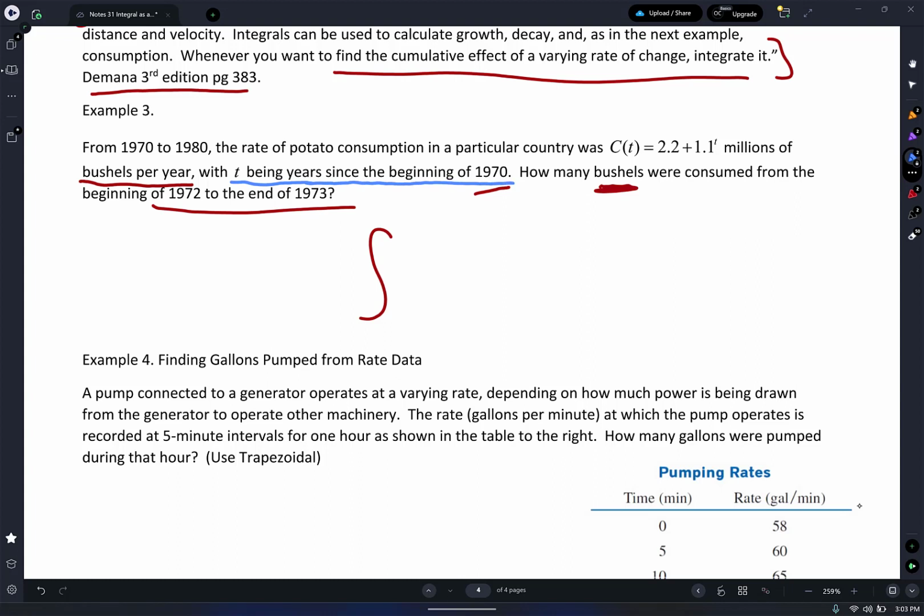So 1972 is what T value? 2. And it says the end of 1973. So the end of 1973, how many years have passed? The beginning of 1972, all of 1972, and all of 1973. So 2 to 4, no?